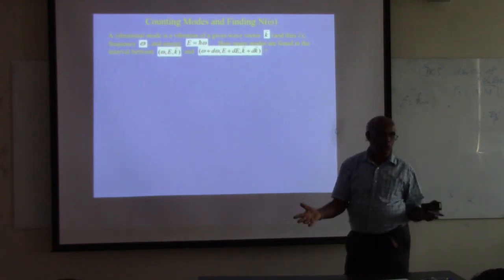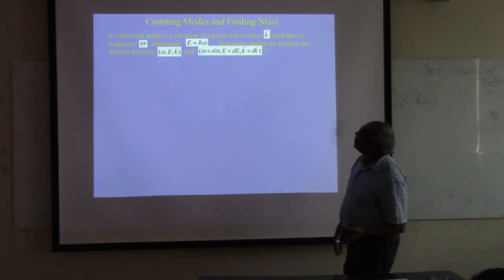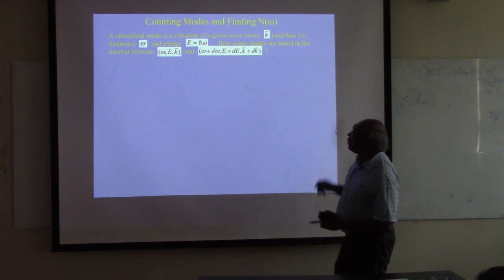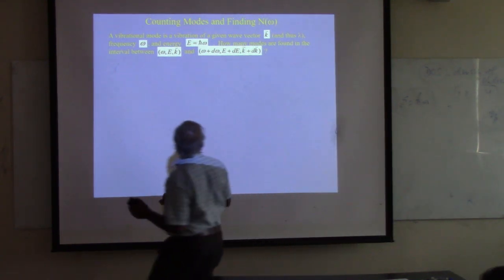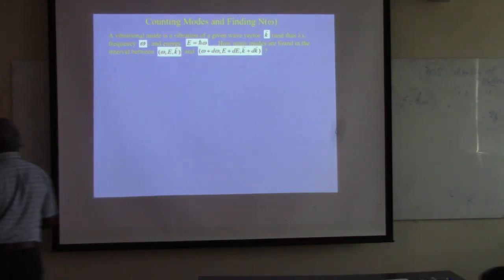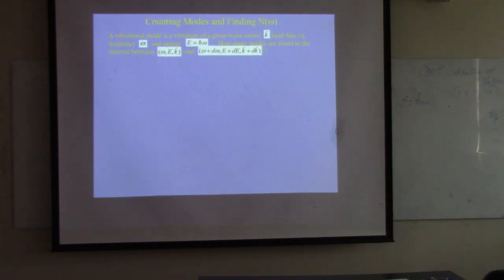That's what we call phonons, right? So now we are going to calculate how many of these modes there are for a given energy range, or maybe delta k or delta omega, any of this range. How many modes are there?